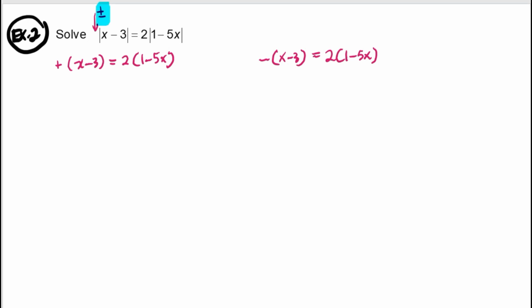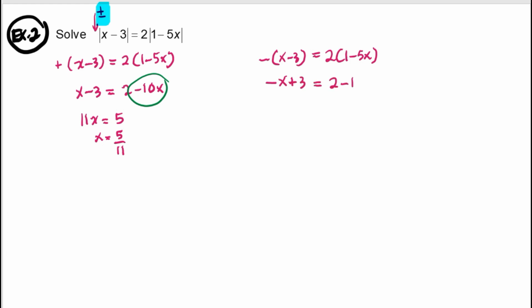So we try to solve this one. We'll have x minus 3 equal to 2 minus 10x. We bring the negative 10x to the left side, so we have 11x equal to 2 plus 3, which is 5, therefore x equals 5 over 11. Another one we have to solve: negative x plus 3 equal to 2 minus 10x.